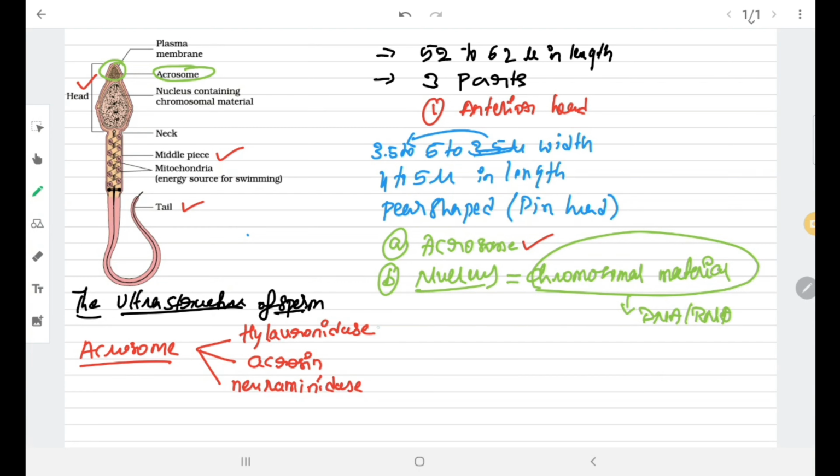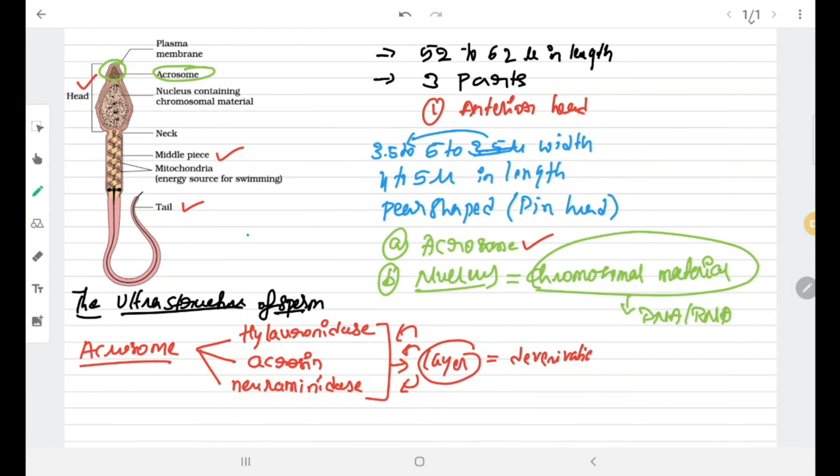And how they have been deposited in front of the nucleus: it is a thin layer which is filled up with these three different enzymes, which are the derivatives of the Golgi complex.